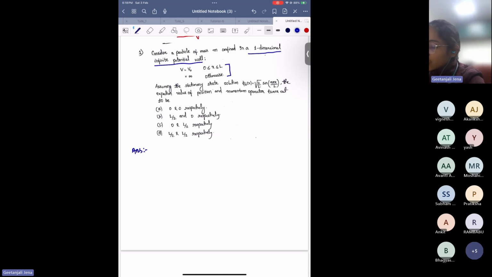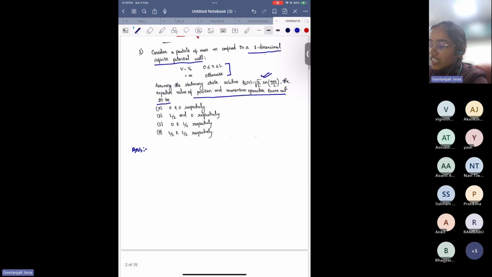Assuming the stationary state solution phi n of x equal to root over 2 by L sine n pi x by L, the expectation value of position and momentum operator turns out to be. So it is asking about the expectation value of position and momentum operator when the particle is confined to a one-dimensional potential well.